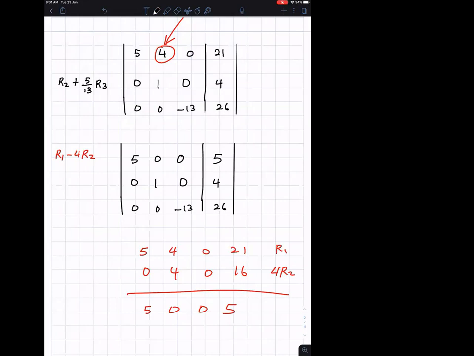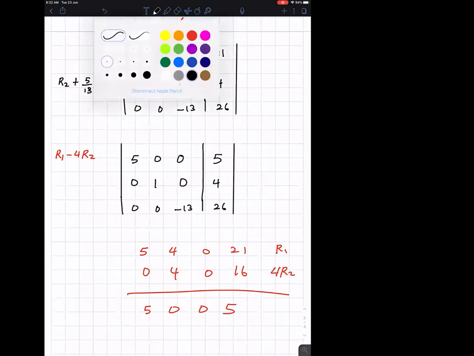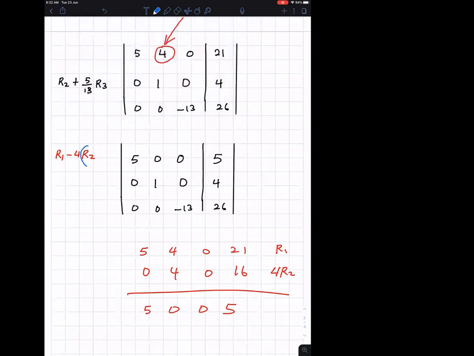Okay, good idea. Why did Zifeng choose row 2, but why not row 3?